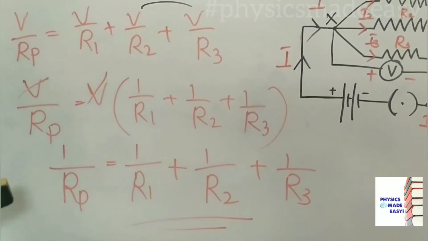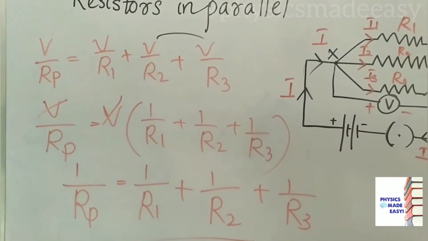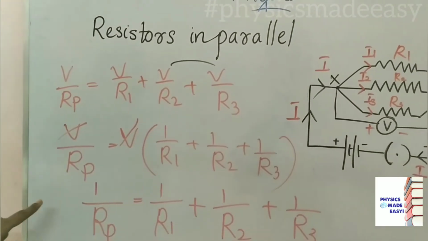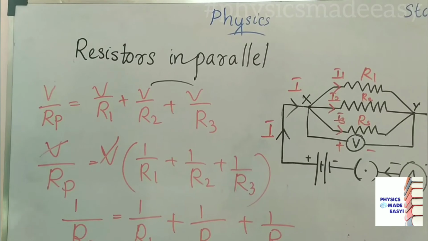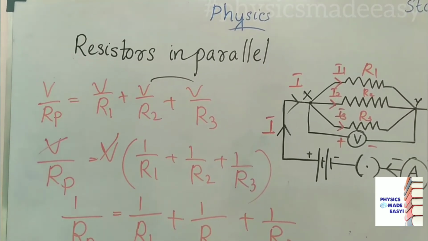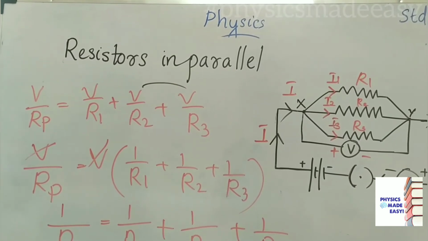Here this RP gives you the effective resistance. How can we say this? Here the reciprocal of effective resistance of the resistors connected in parallel combination is the sum of reciprocals of each resistors.